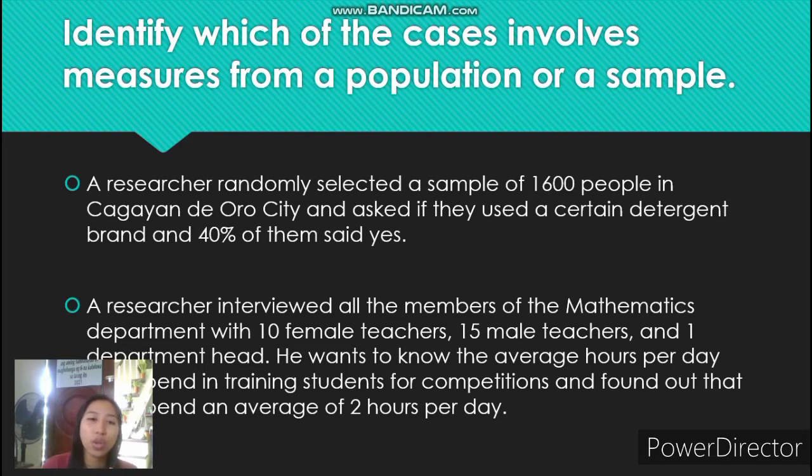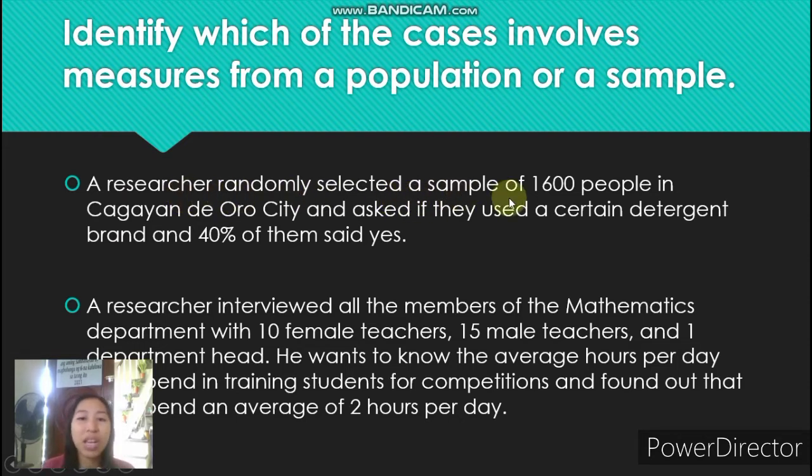In the two cases, let us identify what they used, a population or a sample. Let's review the first one, here in CDO. As you can see, you find the clue when you read and understand the problem well. A researcher randomly selected a sample.